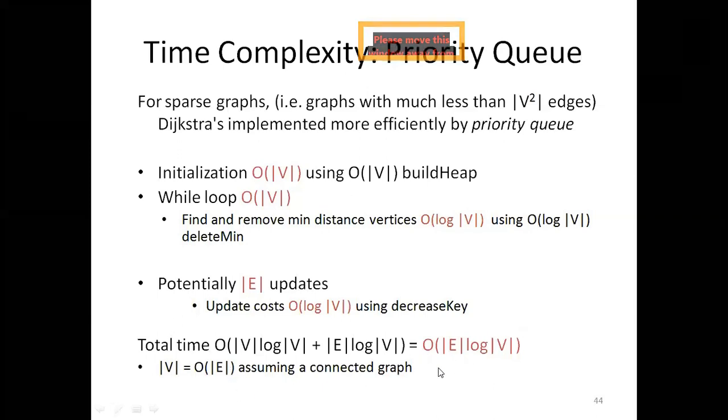So the time complexity here is big O of number of edges multiplied by logarithm of number of vertices. So the time taken is less compared with the previous time complexity.